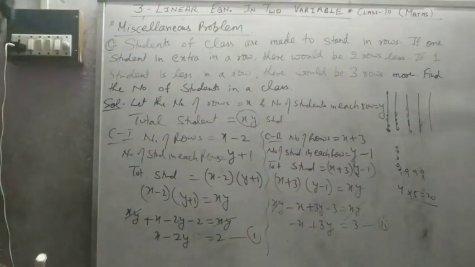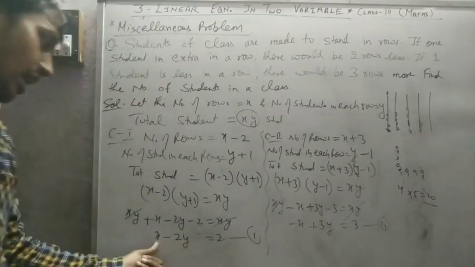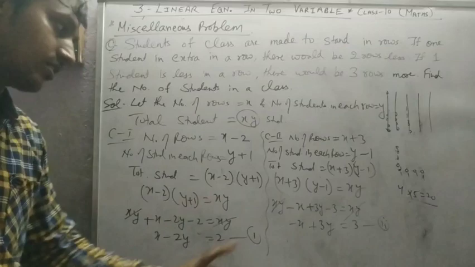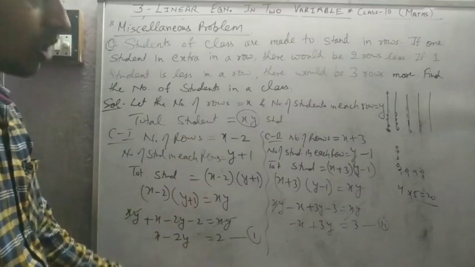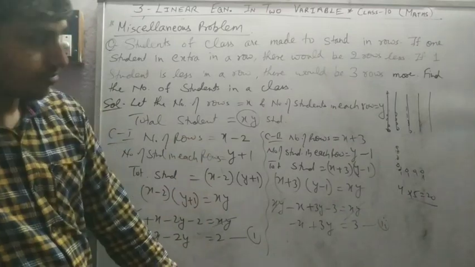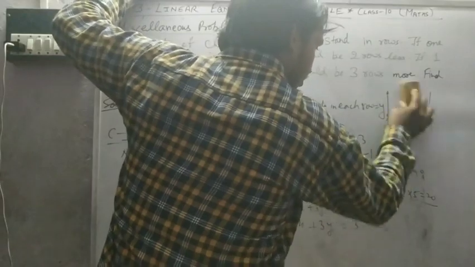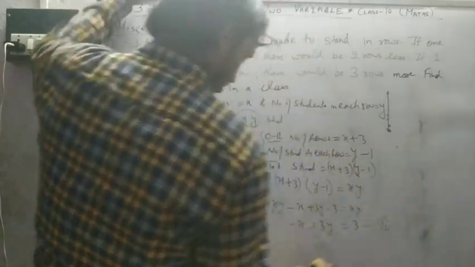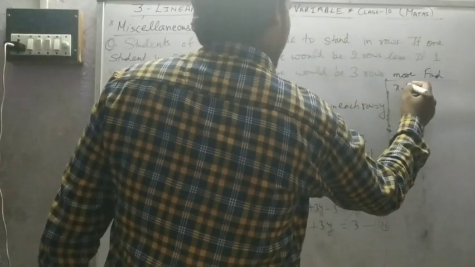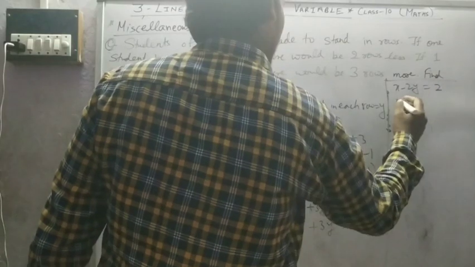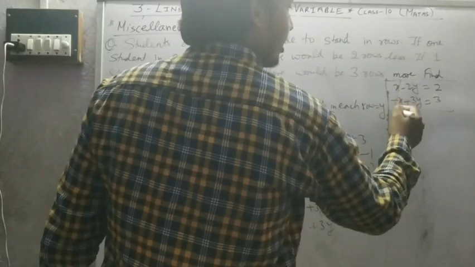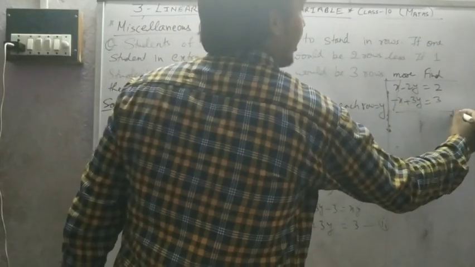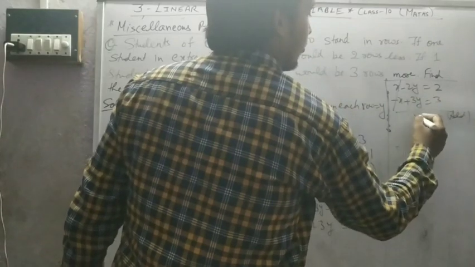Equation second. Equation x minus 2y is equal to 2 from case first, minus x plus 3y is equal to 3 from case second. Then solve the equation. x minus 2y is equal to 2, minus x plus 3y is equal to 3. x cancels by adding, here y is equal to 5.